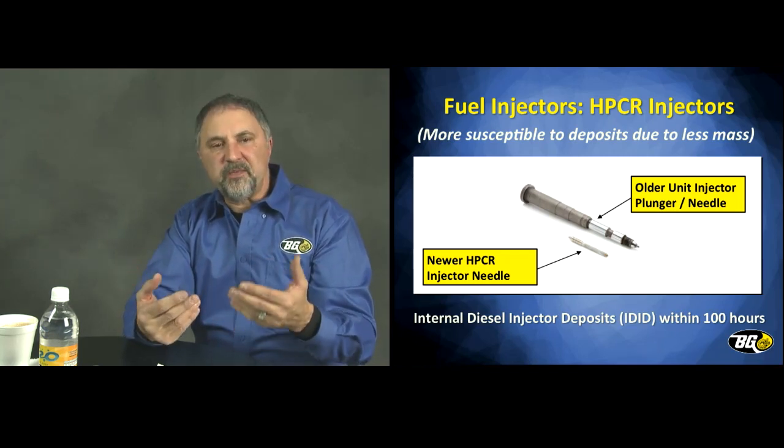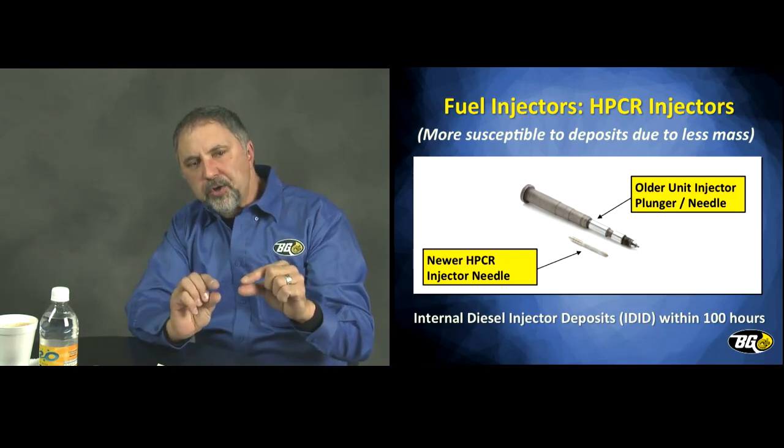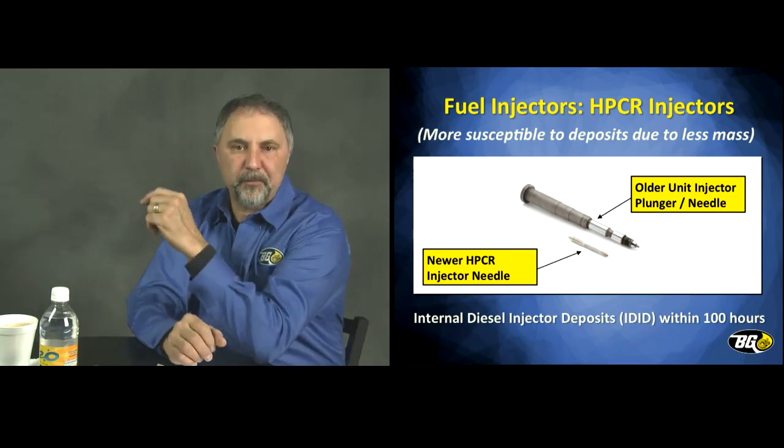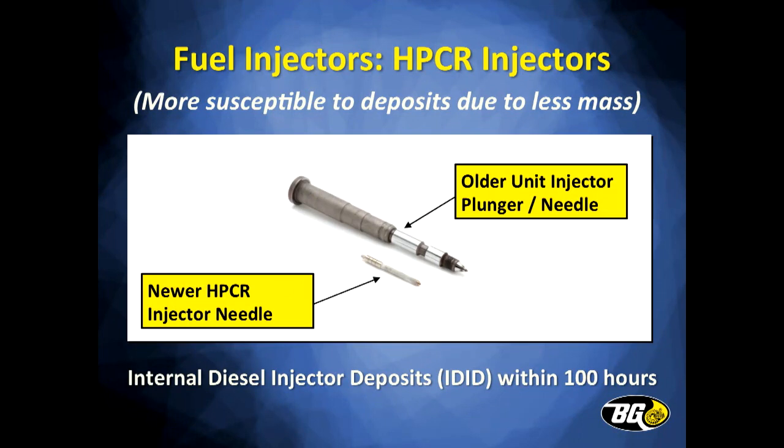Now, the injectors, if you see, the top needle is much larger, has more mass, more weight, as opposed to the newer injector's bottom needle. Think in your mind's eye of a locomotive heading down a rail. As the engine powers down, it takes a lot of energy to slow that engine down, as opposed to the bottom injector nozzle, which is a 10-speed.